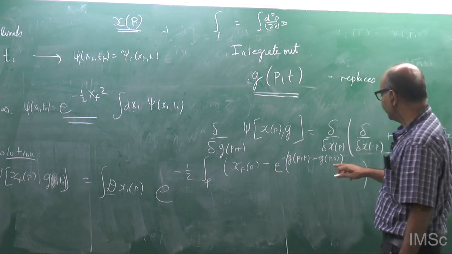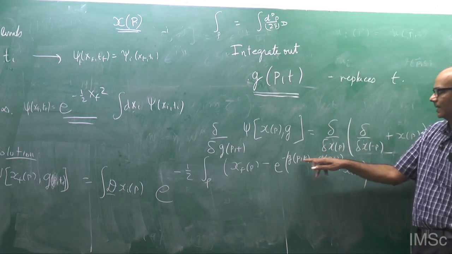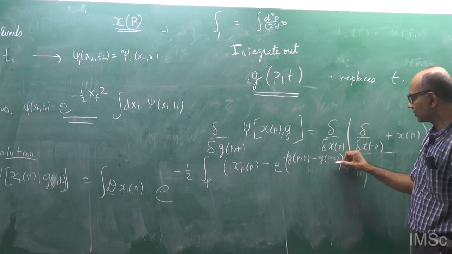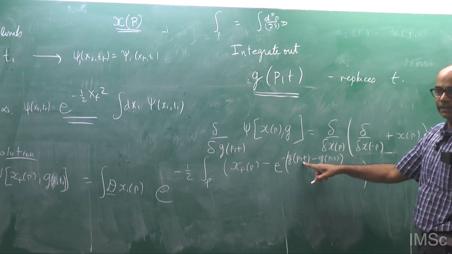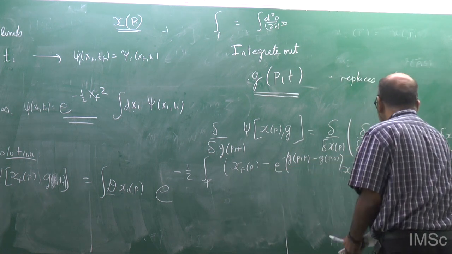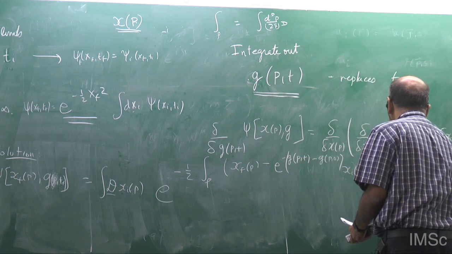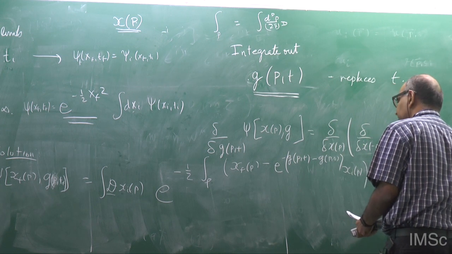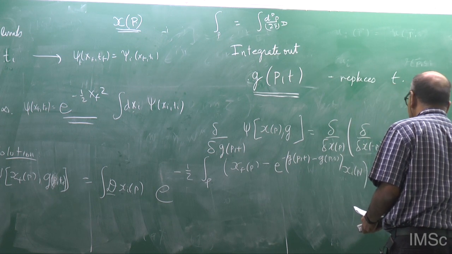Actually, instead of ti and tf, I've used 0 and t. So 0 is your ti and t is your tf. And then the same thing with p replaced by minus p. Same factor.